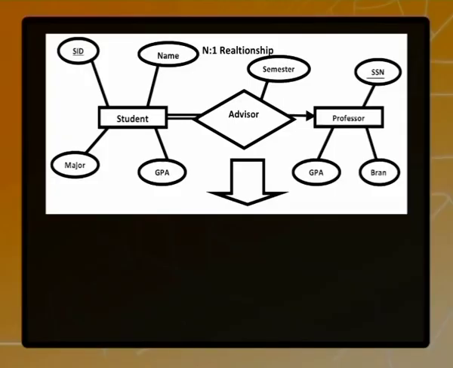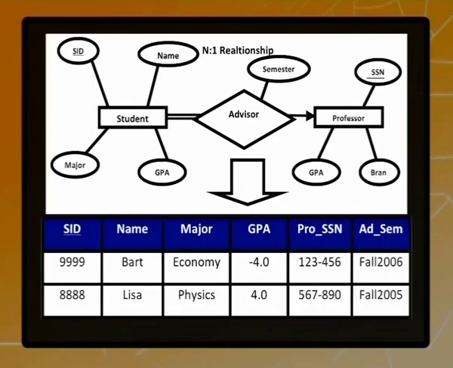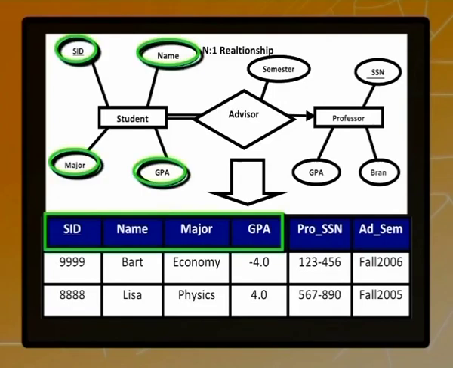For example, consider an ER schema of entity types student and professor with relationship type advisor. Its relational mapping will be as follows. Here all the attributes of entity type student are included in the relation because it is from the N side of the relationship.